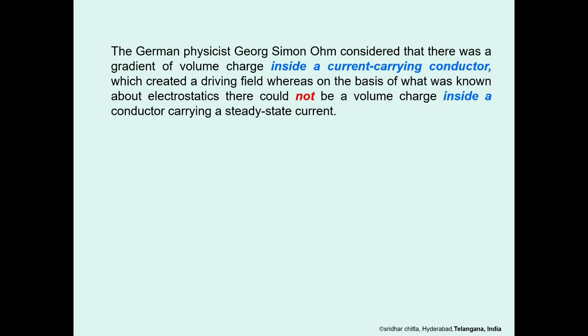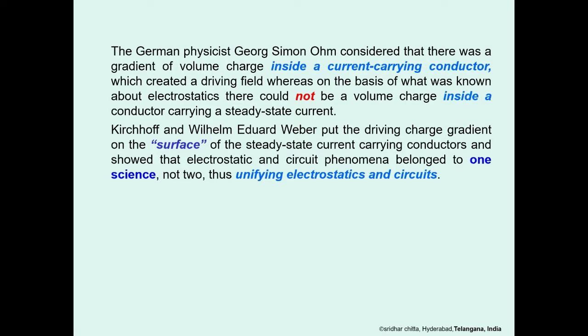The German physicist Georg Simon Ohm considered that there was a gradient of volume charge inside a current carrying conductor which created a driving field, whereas on the basis of what was known about electrostatics, there could not be a volume charge inside a conductor carrying a steady state current.